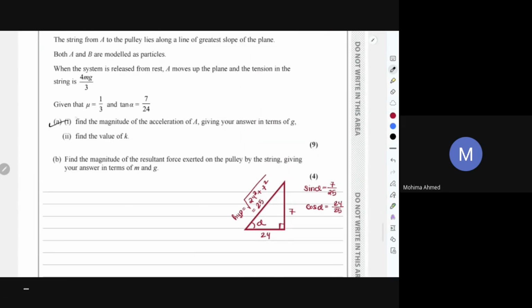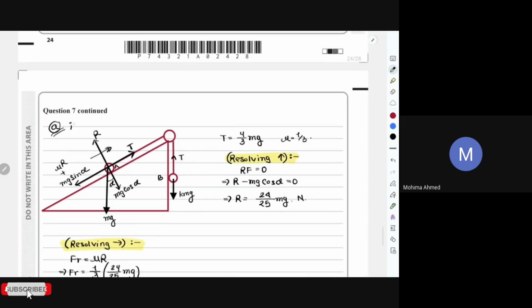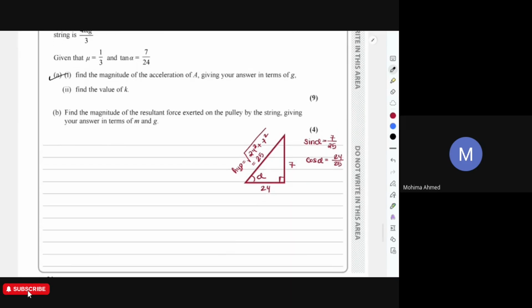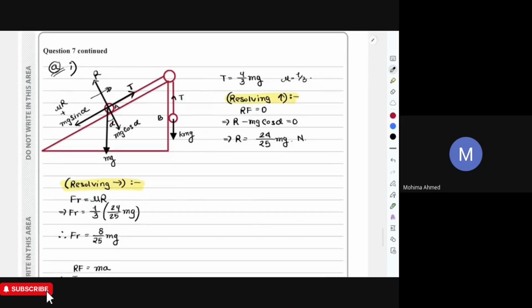After this, part A1. Now they're saying calculate the value for k. I know that they were connected particles, right? k was part of the mass of particle B. If they are connected particles, they both have to accelerate at the same value.